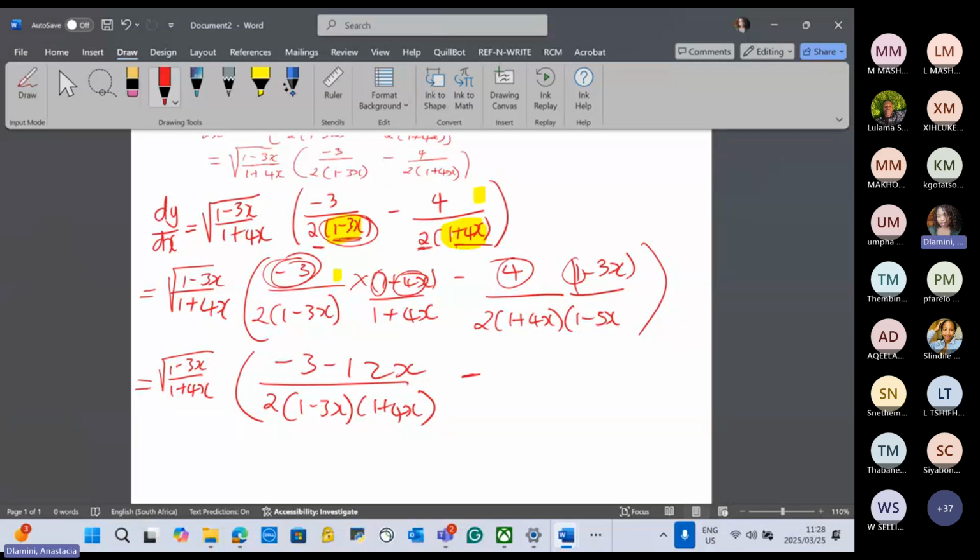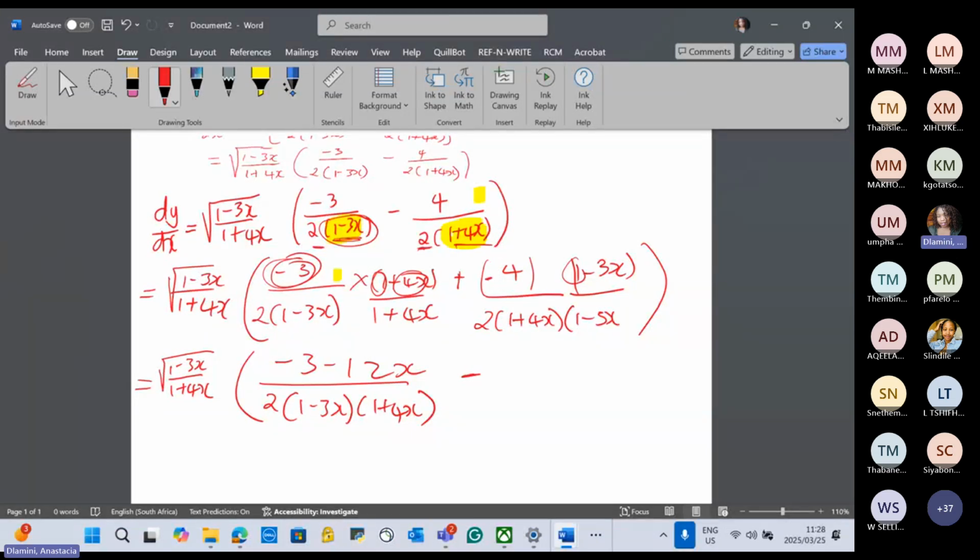We need to be careful here, guys. Can someone tell me why we need to be careful here? Because of that negative sign outside. Thank you. So this negative sign, we can make it positive and then make it minus here.